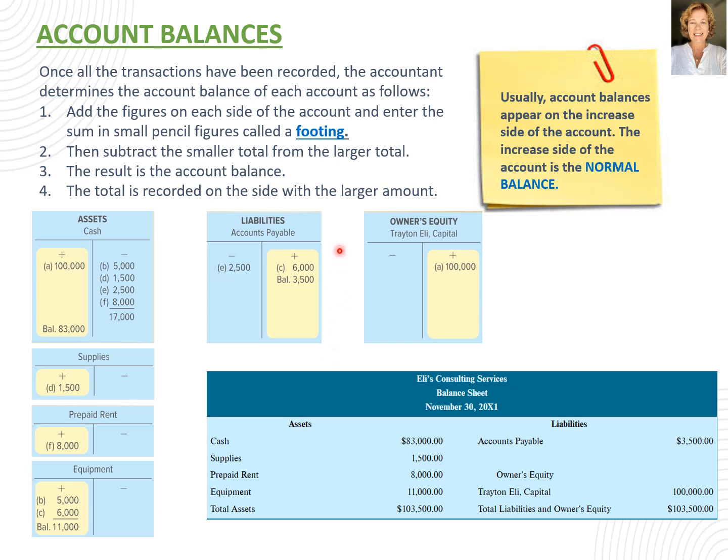And we'll do the same for the liabilities. We had increases in liabilities of $6,000 and a decrease of $2,500, leaving us with a balance of $3,500. And we have the investment by Trayton Eli as an increase to the owner's equity account.